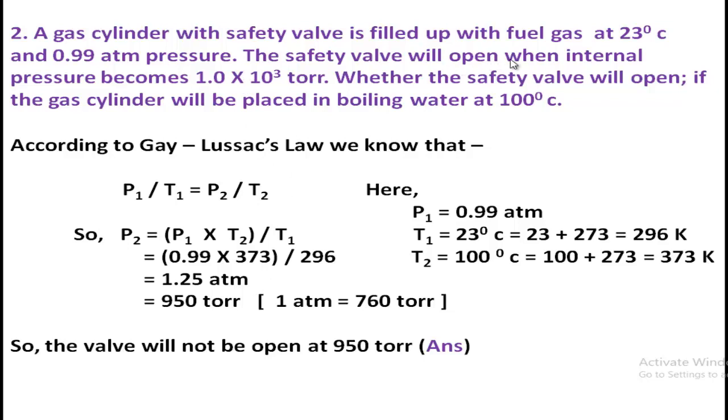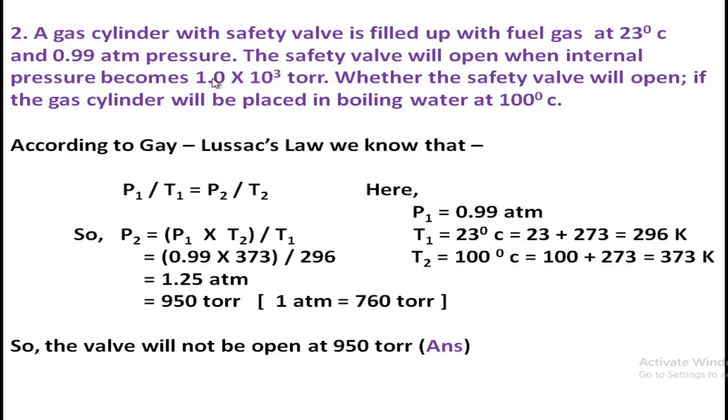The safety valve will open when the internal pressure of the cylinder becomes 1000 torr. So first you have to convert the atmospheric pressure into torr, and we know that 1 atmospheric pressure equals 760 torr. So from this relation we determine 1.25 atmospheric pressure in torr, and we get 950 torr.